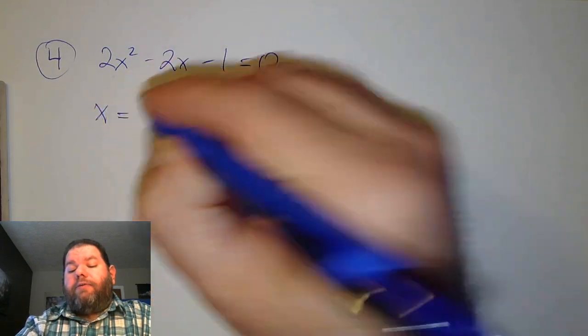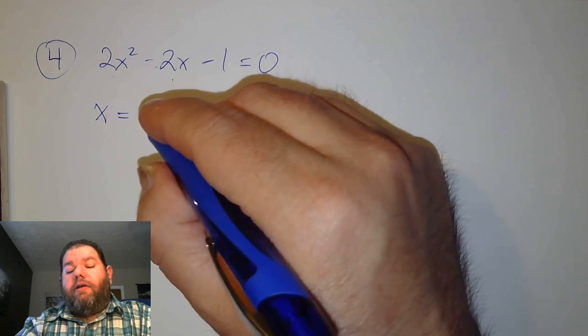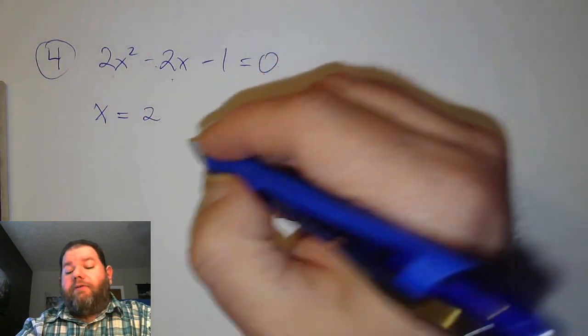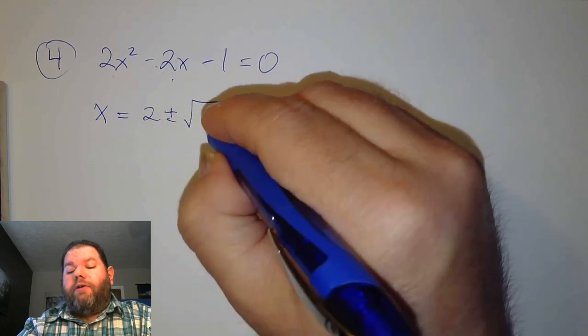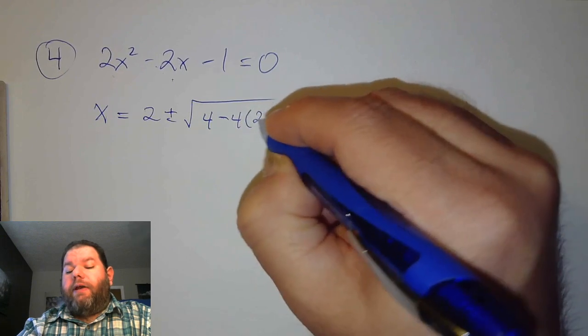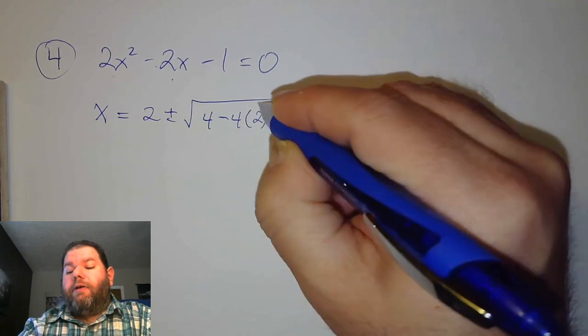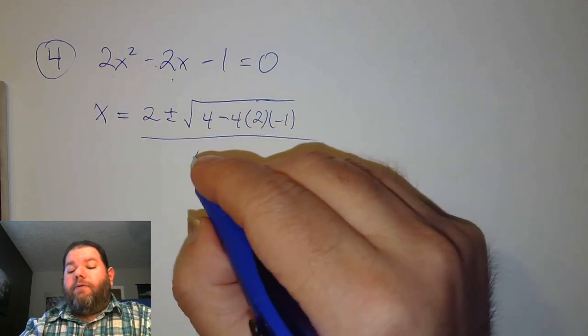Alright, so x equals, now b is negative 2, so negative b is the opposite, which makes it a positive 2. Negative 2 squared is a positive 4, minus 4 times a times c. And then 2 times a is going to be 4 on the bottom.